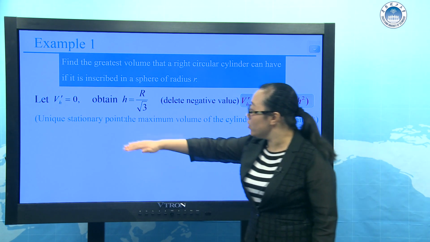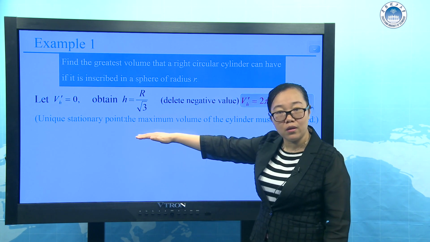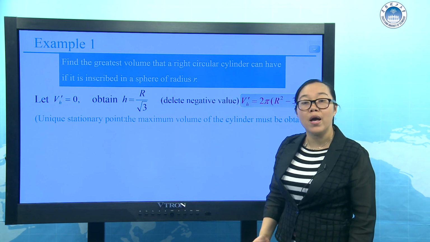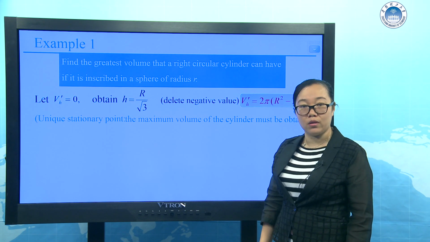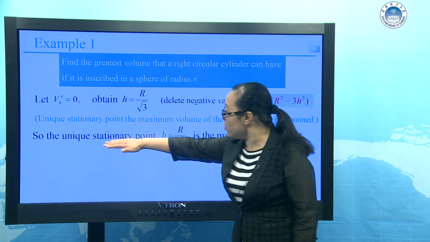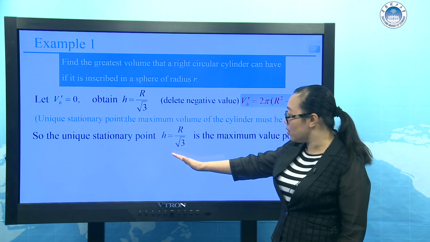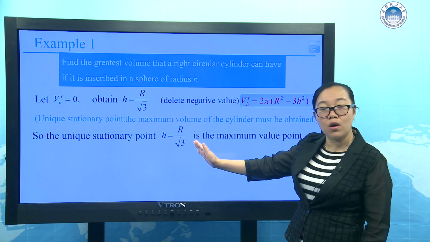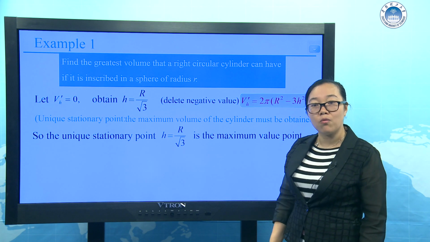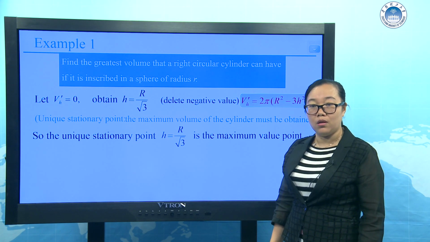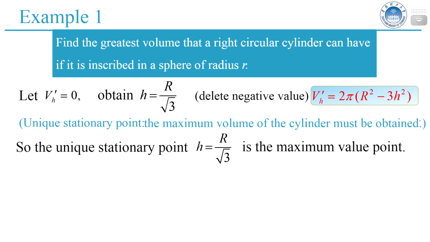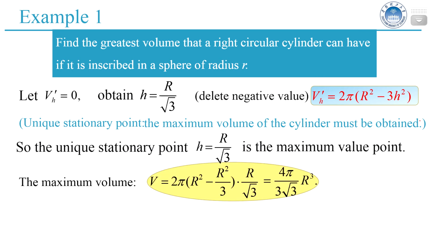So now, the unique stationary point corresponds to our maximum volume. So we get that the unique stationary point R over square root 3 is our desirable point. It is our maximum value point. The corresponding maximum volume equals V equals 2 pi h times (R squared minus h squared). It is our final value.